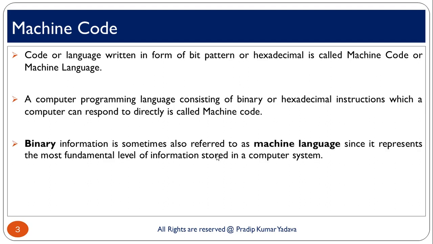When we are talking about a microprocessor, whatever we are going to do, we will do in the form of bits. If you see my last video, I have already discussed that the microprocessor takes input in the form of bits, and that pattern of bits is called machine language, which the microprocessor can understand.